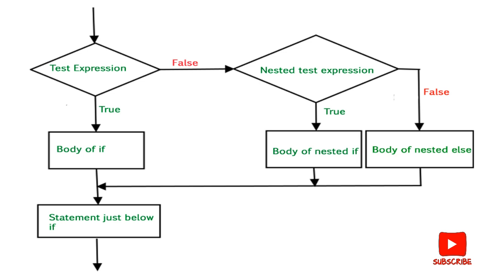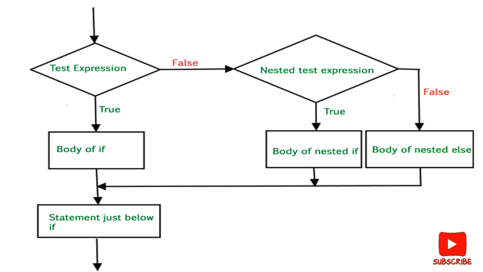So if the first test is false, Python checks the nested test expression. If the condition is true, the program will execute the body of nested if. And if it's false, it will execute the code inside the body of nested else. So the else block at the bottom of the structure ensures that something will always execute even if none of the previous conditions from the nested or outer if block are met.